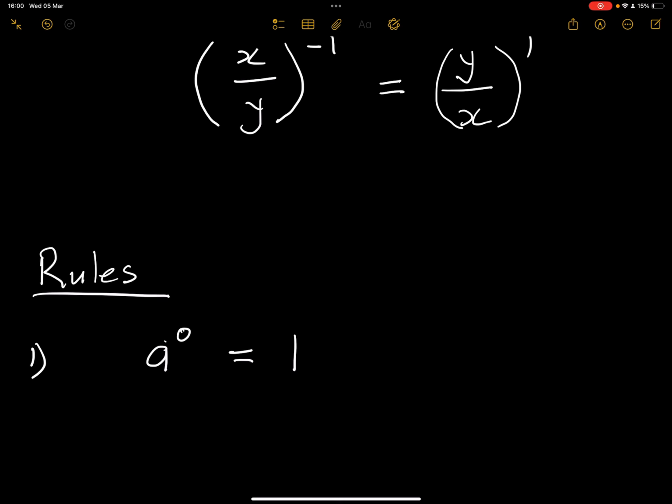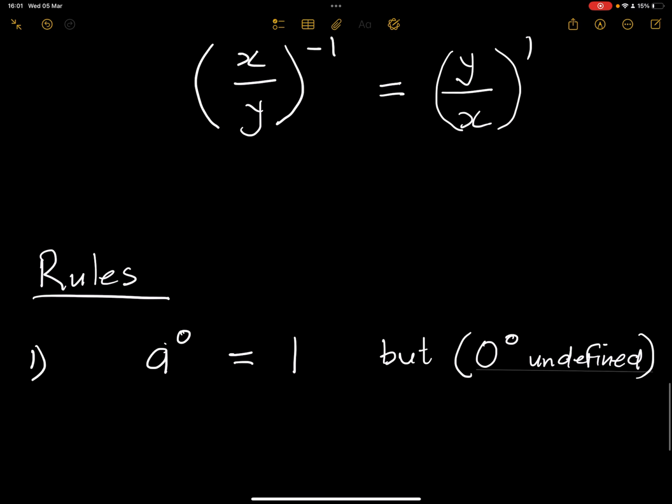Please note, anything raised to the exponent of 0 is 1, but keep in mind, we cannot say 0 to the exponent 0 is equal to 1. Actually, 0 to the exponent of 0 is undefined. Now, let's talk about the second rule.